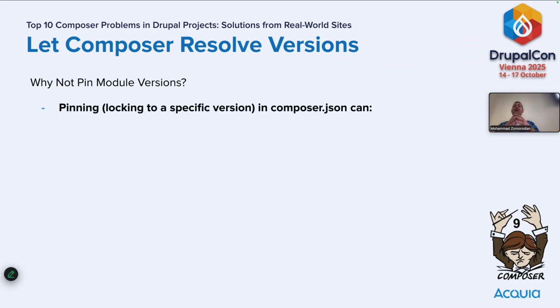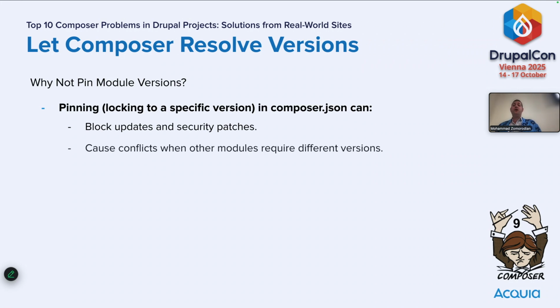Because when you're locking Drupal core or any modules, you're telling Composer that you want that specific version. It will block updates and security patches for that specific module and project, and also cause conflicts when you are trying to install other modules in your project.